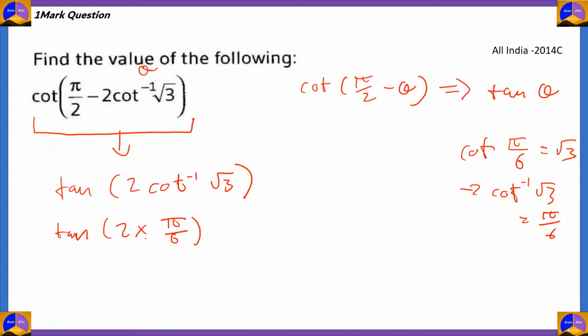And 2 goes into 6 thrice, so it becomes tan of pi by 3. And tan of pi by 3 is equal to root 3. Therefore, the value of cot of pi by 2 minus 2 cot inverse root 3 is equal to root 3.